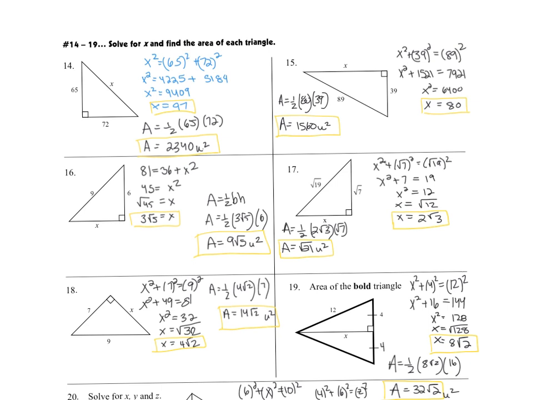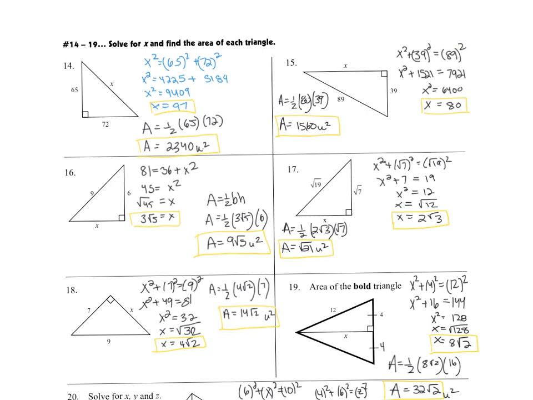In number 15, we are given the hypotenuse and one of the legs and have to find the other leg. So we have x squared plus 39 squared is equal to 89 squared. And so when we subtract this, we get that x squared equals 6,400 and that x is equal to 80.